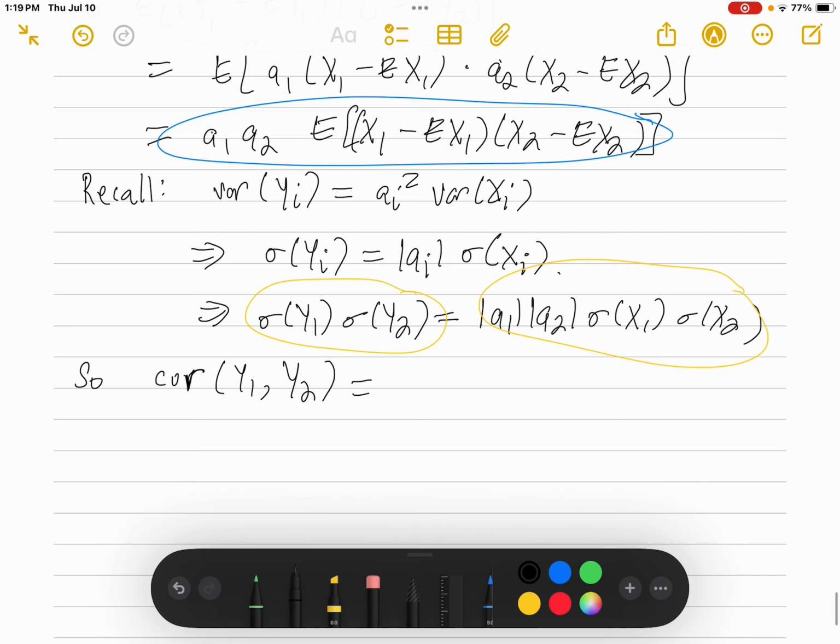And we'll see that it is precisely a1 over absolute value of a1 times a2 over absolute value of a2 times the correlation of x1 and x2, and that completes the proof. Maybe I should write 2 R's in correlation, just so that's clear. We're not talking about the covariance.